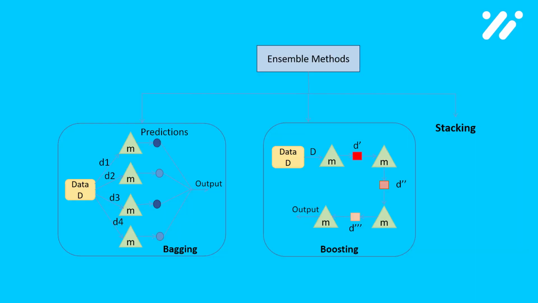Ensemble methods include bagging and boosting. Your bagging can be random forest and your boosting can be gradient boosting. They are very common ensemble methods that you can use to improve the overall model performance, and they can also be used to reduce variance.